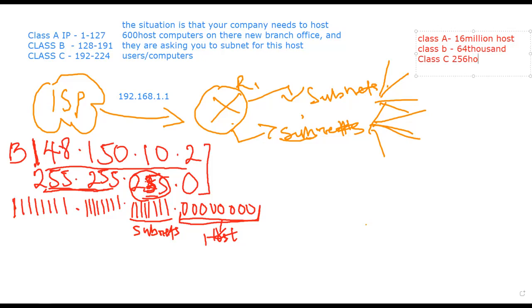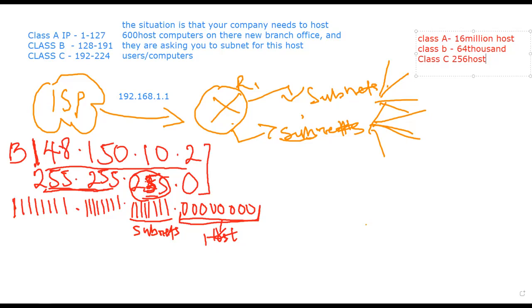This is what we are dealing with. These two tables can really guide us on subnetting. Because we are dealing with 600 host computers, we are dealing to subnet 600 hosts.